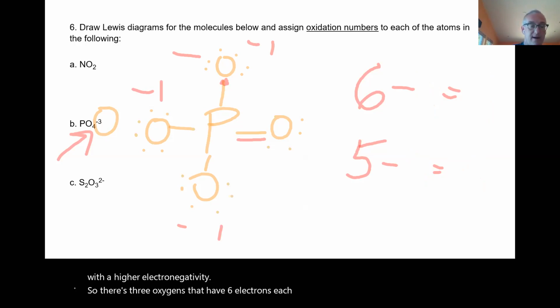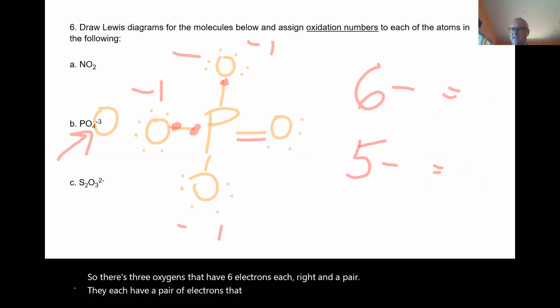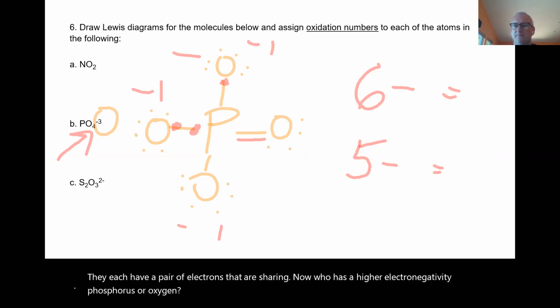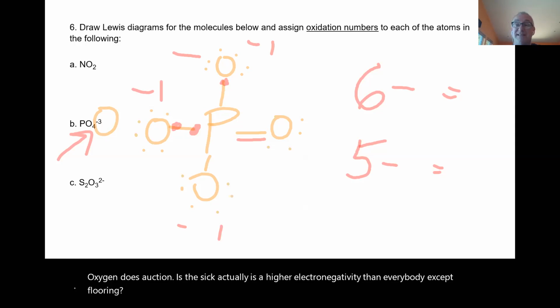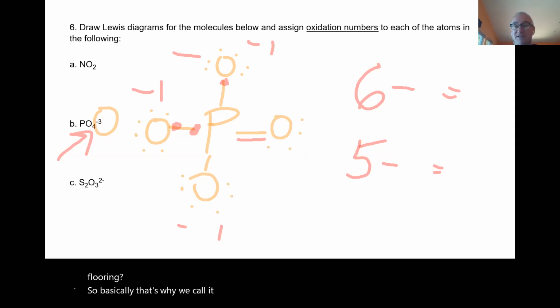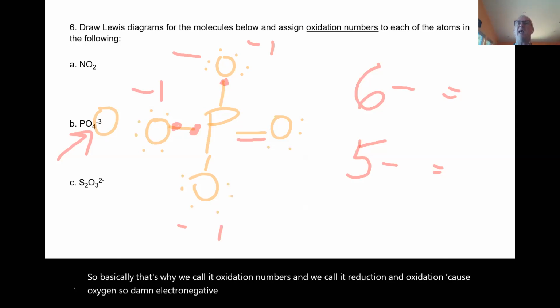And they each have a pair of electrons that they're sharing. Now, who has a higher electronegativity, phosphorus or oxygen? Oxygen does. Oxygen has a higher electronegativity than everybody except fluorine. That's why we call it oxidation numbers, and we call it reduction and oxidation. Because oxygen is so electronegative, it basically steals electrons from everybody. And that's what it's going to do here.